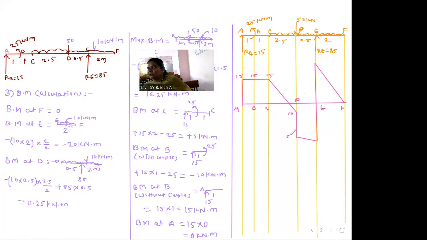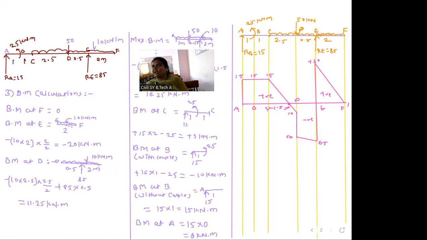After that, here 60, here 65, and here plus 20, and here 0. So this is positive, this is negative, and again this is positive, and this is the point of contraflexure, and this distance is 1.5 meter from this C point. Okay, so this is the shear force diagram.